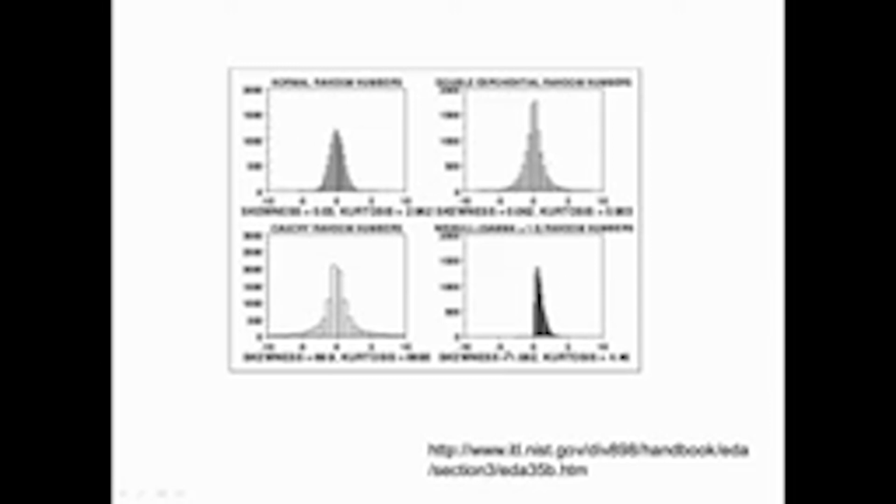So you get different types of pictures depending upon the skewness and kurtosis, and each one is called some distribution. This is a normal distribution, this is called a double exponential distribution, Cauchy random distribution, this is Weibull distribution, and so on actually. Okay. And this was taken from this particular reference actually. It is very nice because a normal distribution is bell shaped, there is no leaning towards left or right, whereas when I have very high kurtosis it becomes very peaked.